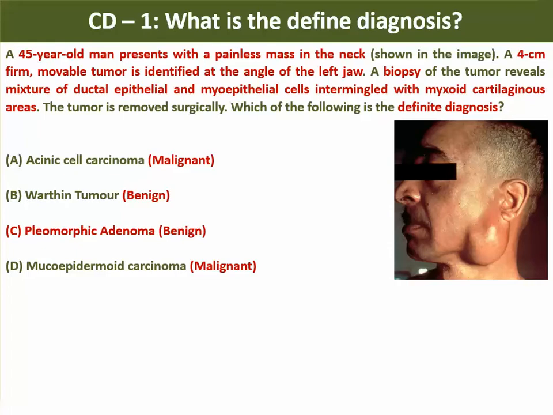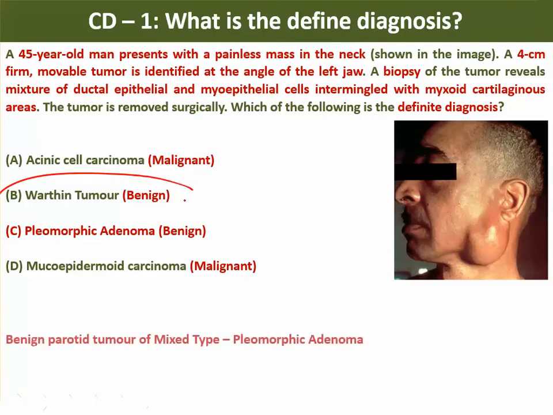Now in these 2 tumors, one should be the answer, right? So in these 2 tumors, 1 tumor should be the answer, because it's a benign tumor and it's a parotid tumor. Both can come in parotid.